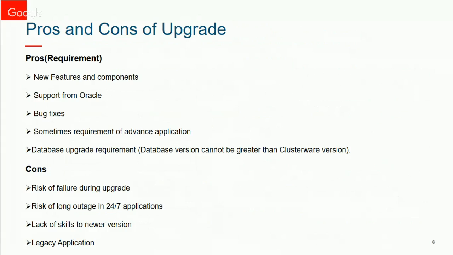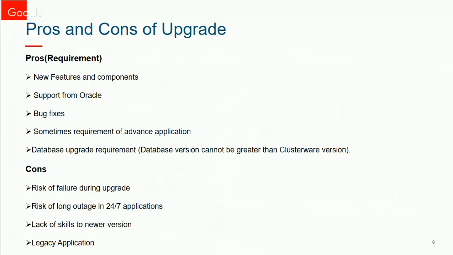To make your system perform well and stay secure, we apply PSU patches and CPU patches, and when a new version of the database comes in, we go for an upgrade. First we have to check what new features and components we are getting, and whether we are getting support from Oracle.